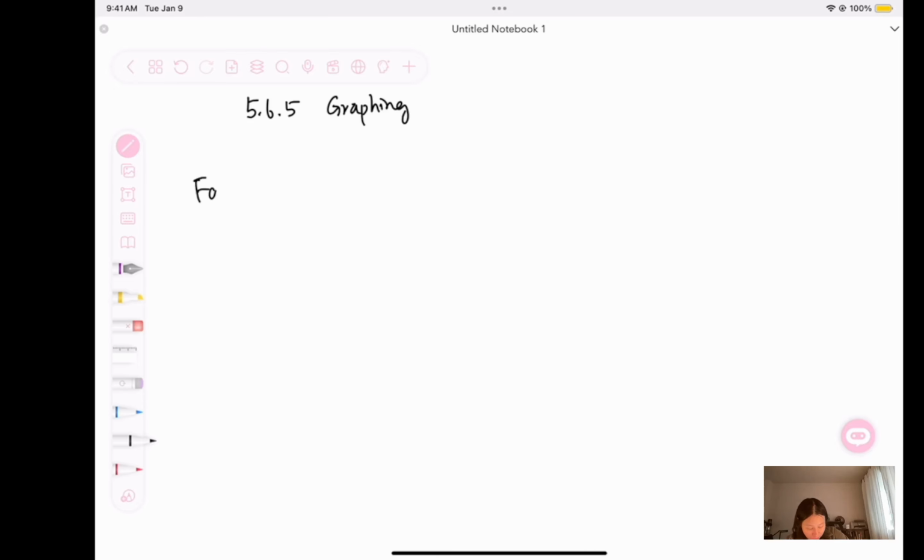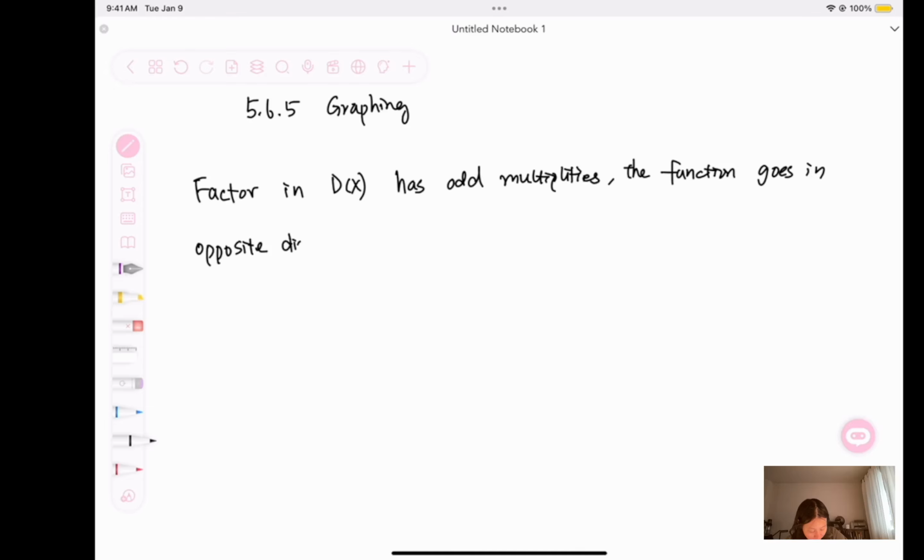If the factor in the denominator polynomial has odd multiplicity, the graph of the function goes in opposite directions. This is similar to 1 over x, because when we have 1 over x, look, here is the vertical asymptote, the y-axis. One side is going up, and on the other side it's going down.